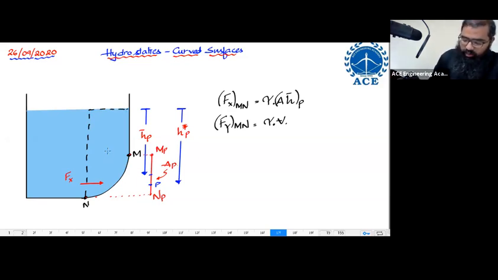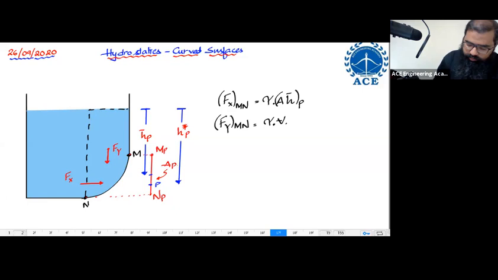Through the centroid of this particular volume, I'm going to have Fy passing. So imagine the centroid of the volume comes somewhere over here. Through this particular point, Fy is going to pass.